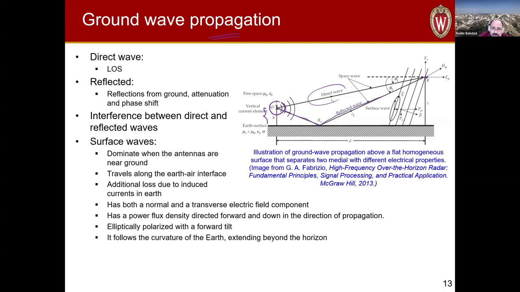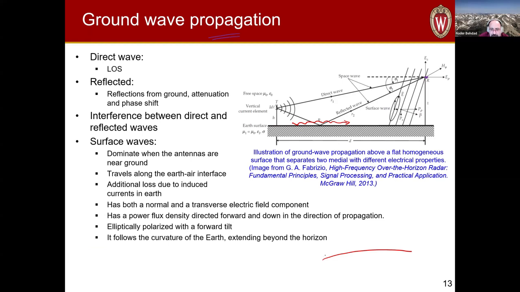So the signal you're receiving is the sum of the direct wave plus the reflected wave. And if the transmitter and receiver antennas are located very close to the ground, then you also have a surface wave mode that propagates between them, and the surface wave has the property of following the curvature of the Earth.